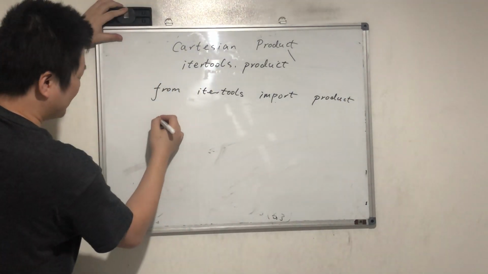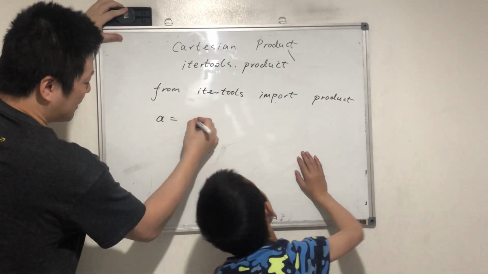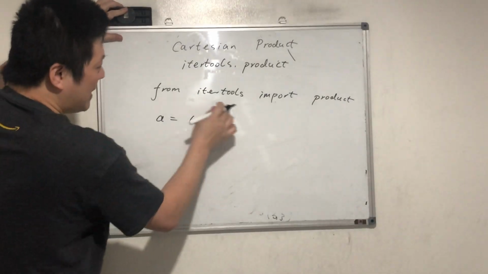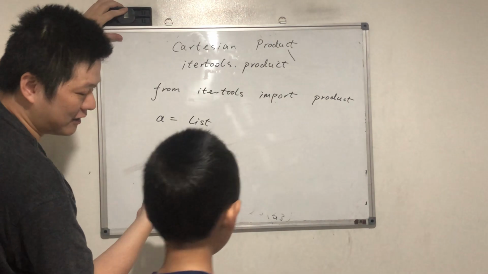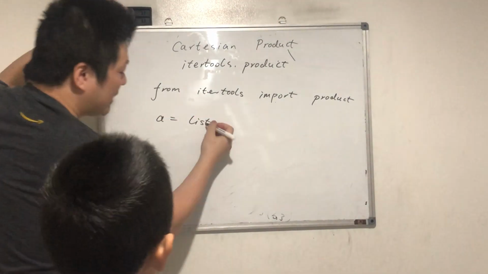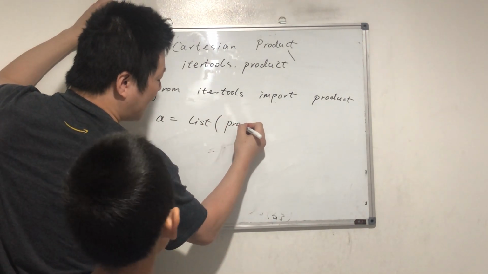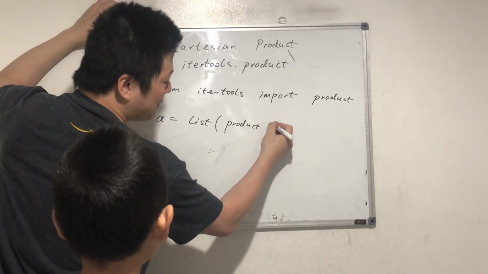A equals list, because this product returns a generator. It doesn't actually give you a list, so you need to convert it to a list or tuple.